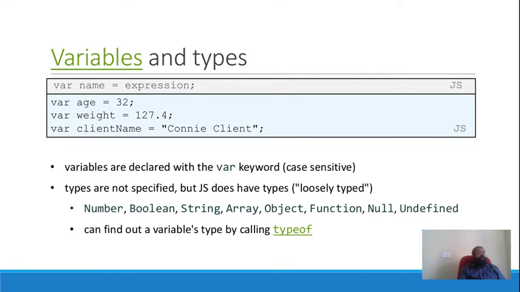The types are number, boolean, string, array, object, function, null, and undefined. You can find out what kind of data a variable is holding by using the typeof function.